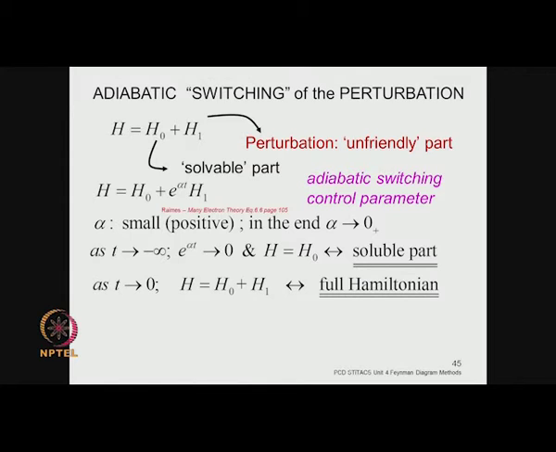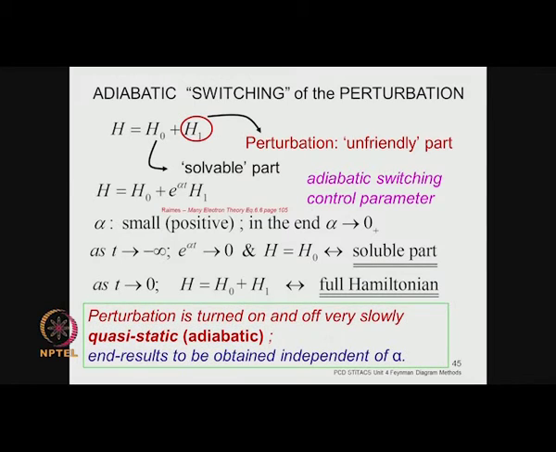So, now we have got a very nice mathematical device, and we switch on the perturbation adiabatically in a very quasi-static manner, just the way you do things in thermodynamics, and we are interested in end results such that they are independent of this mathematical device, okay, and we take the limit alpha going to 0.